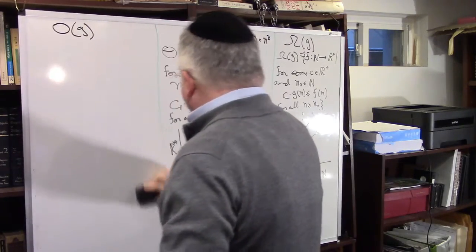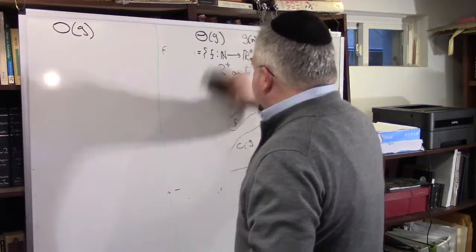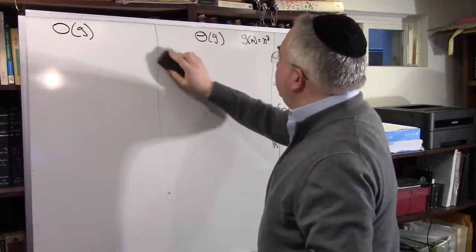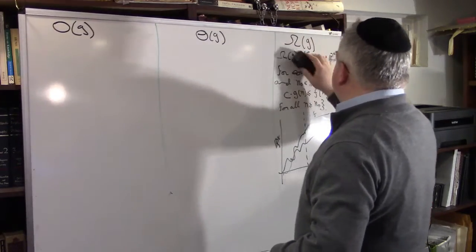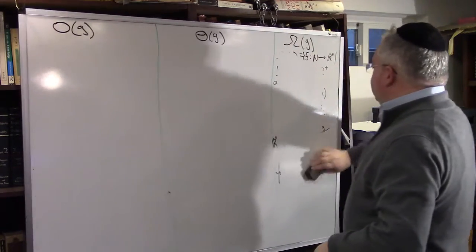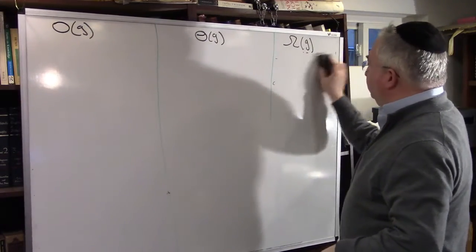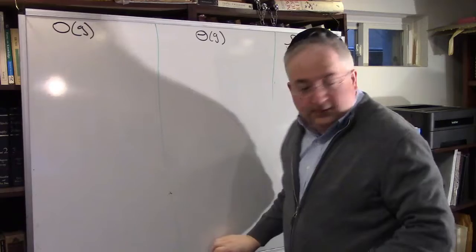Let's do it another way. The book does it also this other way, and it's important to see it. People get nervous about this because it uses the concept of limits and calculus, but we're not really using calculus, we're just mentioning it. And again, there's an intuition behind it, so we're going to do the intuition.